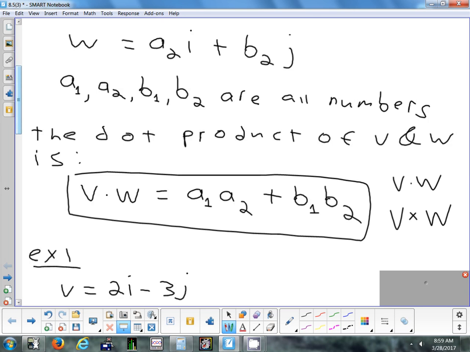So I said to you, when we studied addition, I said it was commutative. And I said that that property won't always work. It doesn't work here. If you find V cross W, and then you find W cross V, the answers aren't the same. We'll see if the dot product is the same. You could probably figure it out right now whether it is or not.